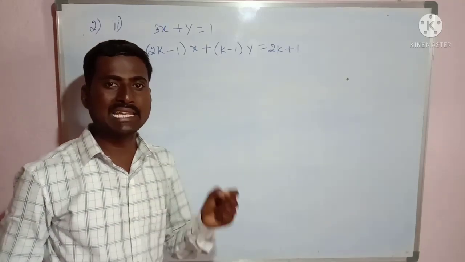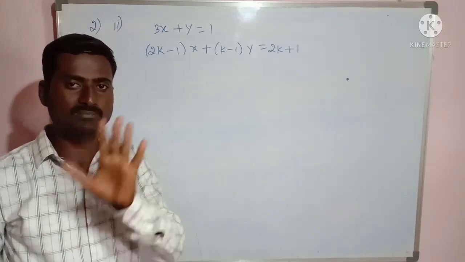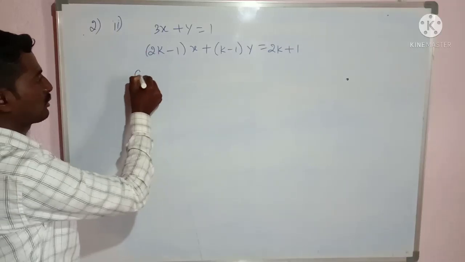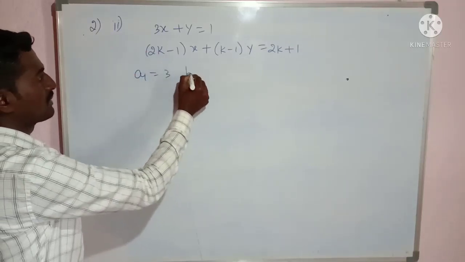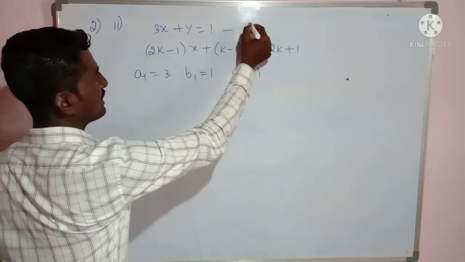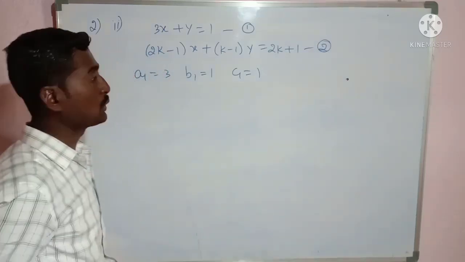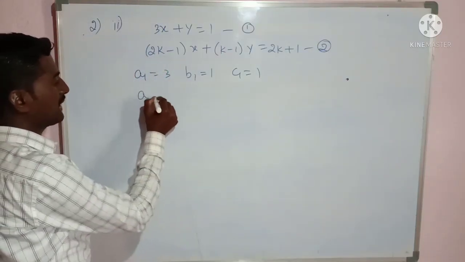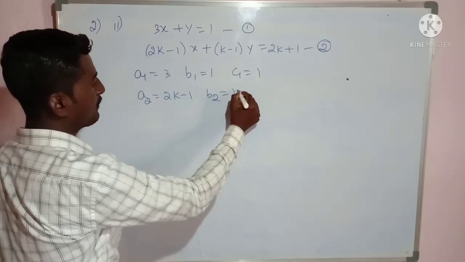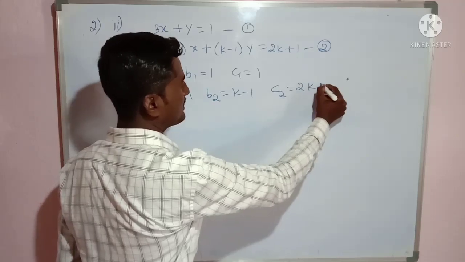A1 by A2 is equal to B1 by B2 is not equal to C1 by C2. That is the condition. First we shall write the coefficients. A1 as 3, B1 as 1, C1 as 1 for equation number 1. Then the coefficients for equation number 2: A2 as 2k minus 1, B2 as k minus 1 and C2 as 2k plus 1.